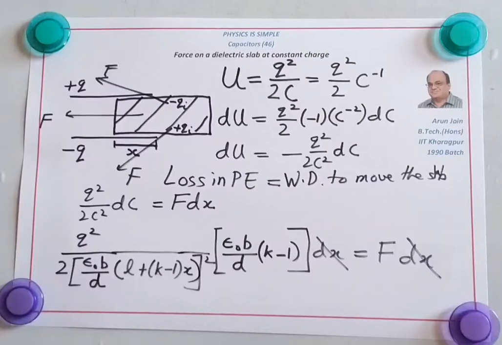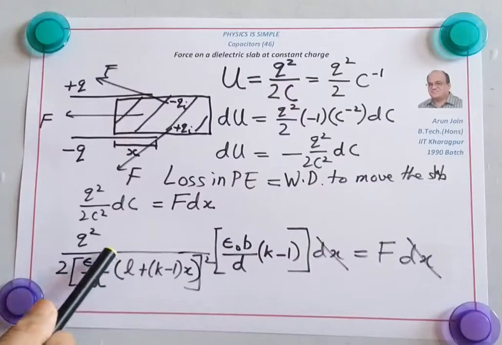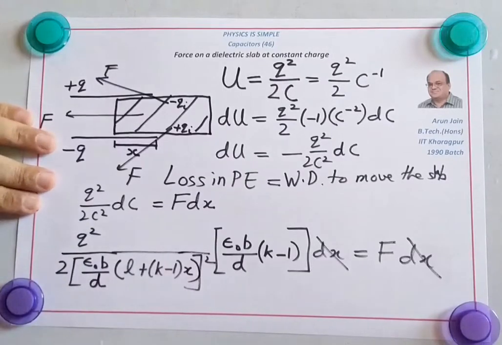So now we can simplify this. Epsilon naught B by D, and here epsilon naught B by D whole square. So one of these will cancel. We'll be left with epsilon naught B by D in the denominator. So D will go upstairs.